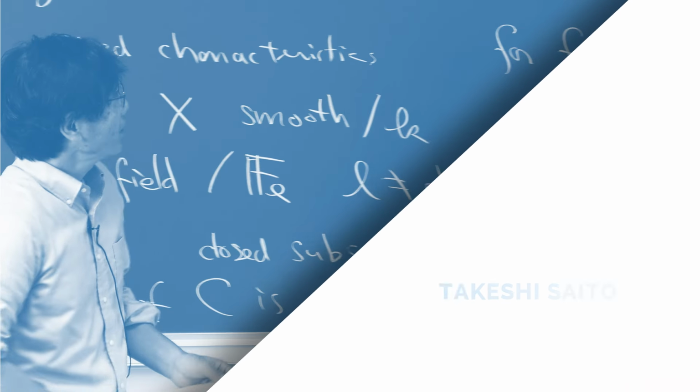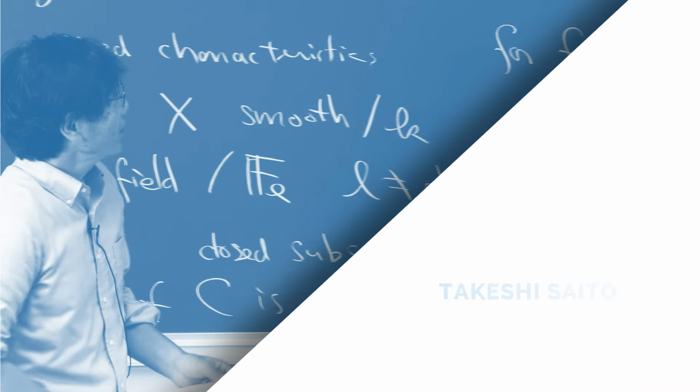X over S is regular of finite type, where S is the spectrum of a discrete valuation ring in mixed characteristic, and the residue field is perfect. We have a sheaf F, and a closed conical subset C, as usual.